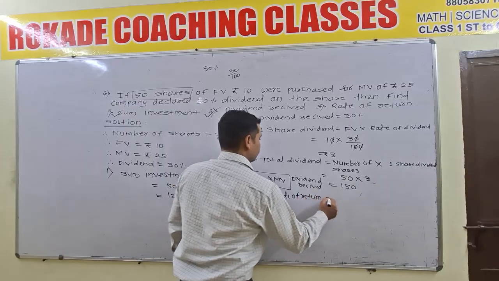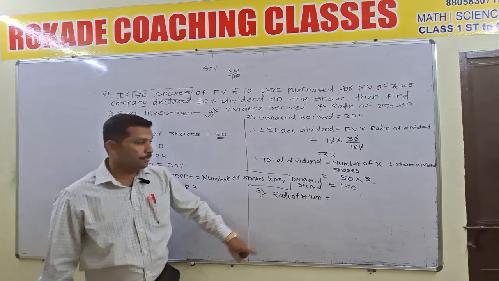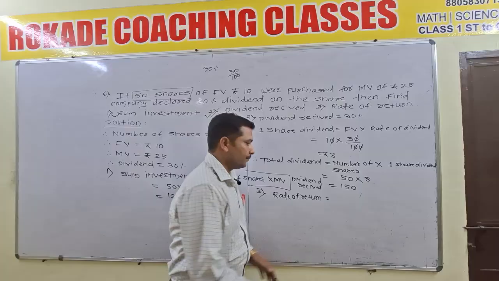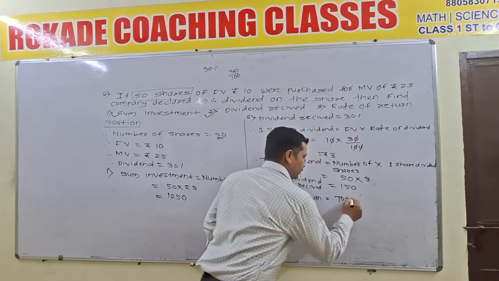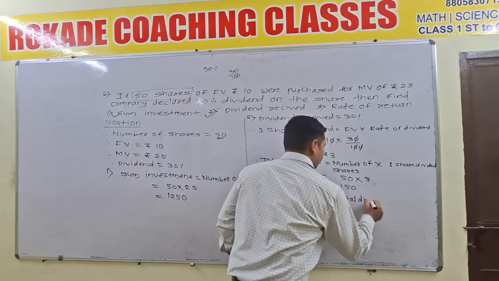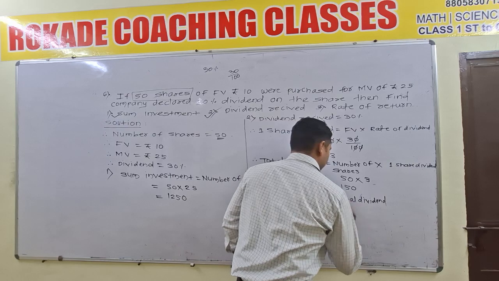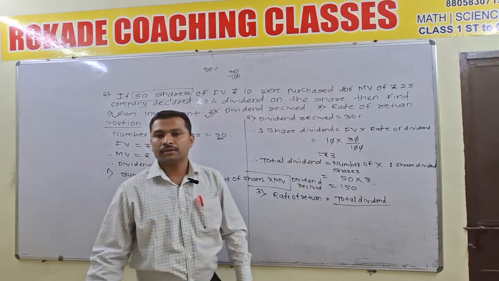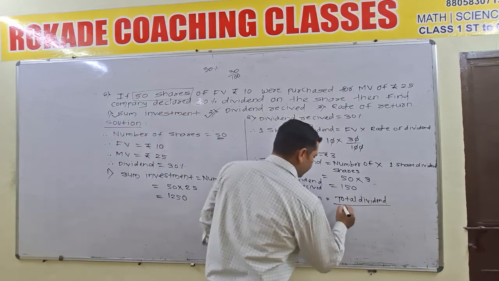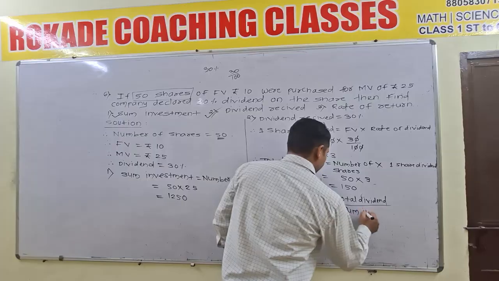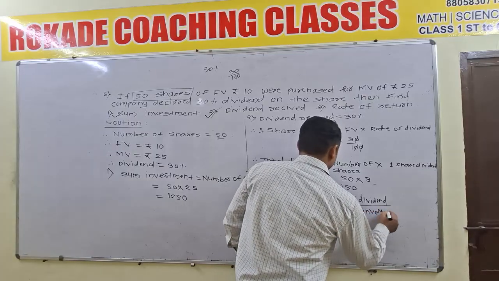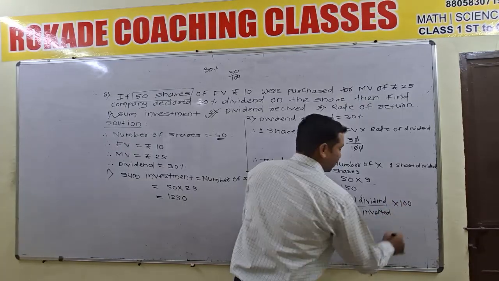Formula for rate of return: total dividend upon sum invested, multiplied by 100.